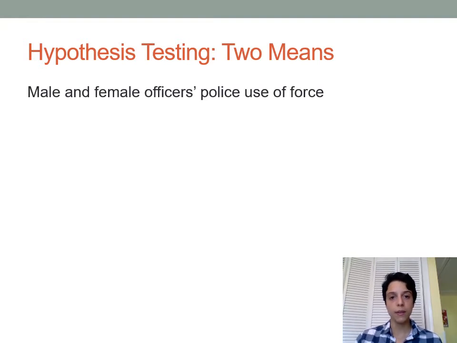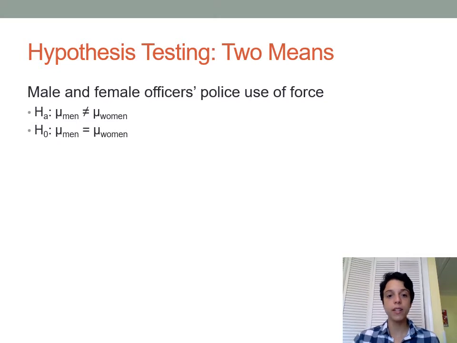And I'm going to go through an example of how to write a hypothesis for this using the male and female use of force example. That was the first one on that last slide. So how we write hypotheses here is we have our null and alternative hypotheses like we did for the one mean t-test. But instead of saying that one mean in the population is equal to some number, we're saying that the means for our two populations are equal to each other.